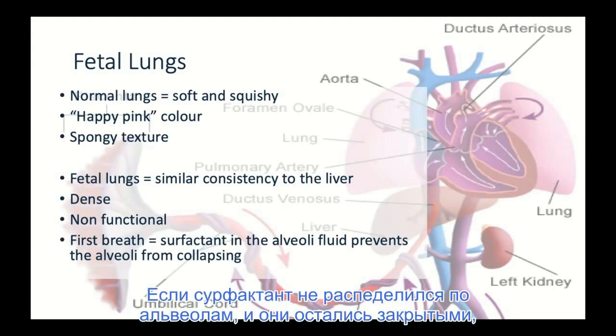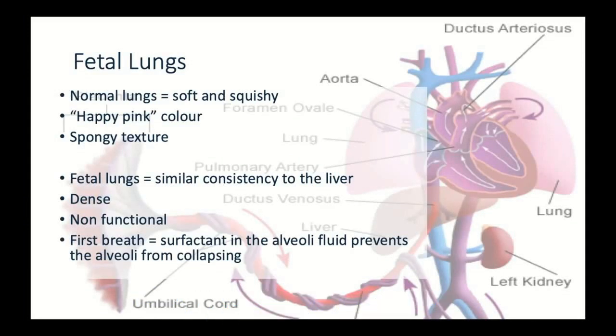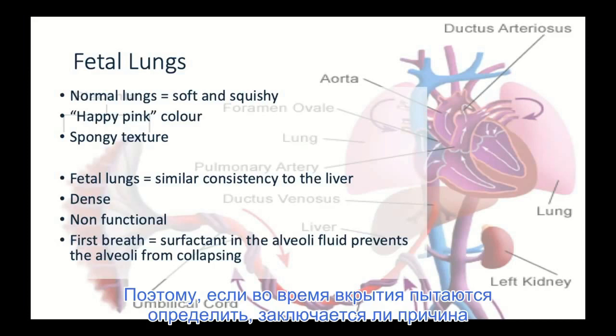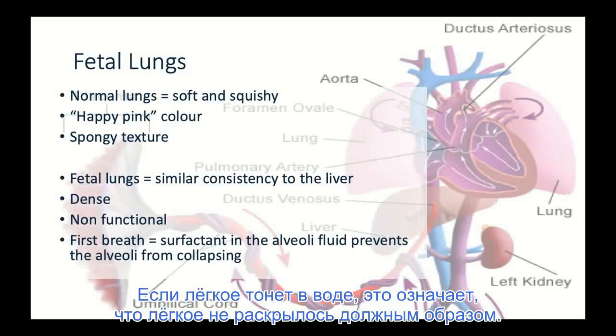If the surfactant did not spread through the alveoli and the alveoli remain collapsed, then it maintains that dense feature and that lung will sink. So sometimes during postmortem, if they're trying to identify if it's a lung-based issue or not, then they'll actually take a piece of the lung to see if it floats in water. Because if it doesn't float, it means that the lungs didn't have a chance and they didn't open up the way they're supposed to.